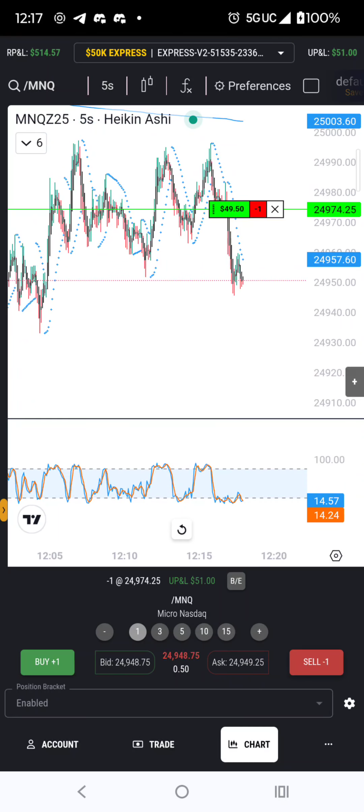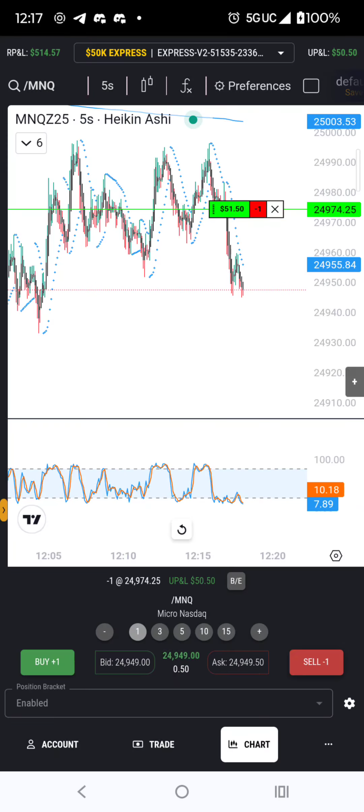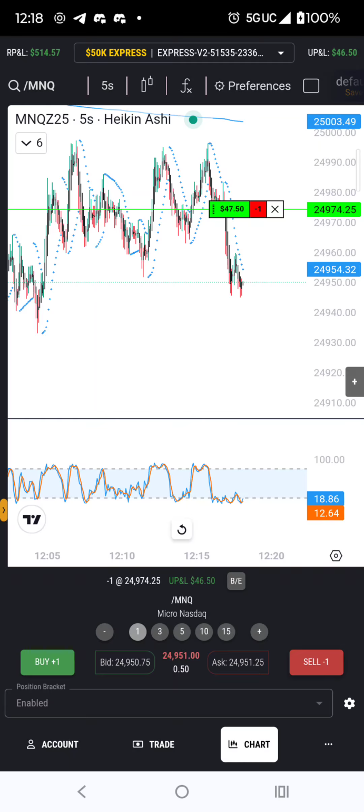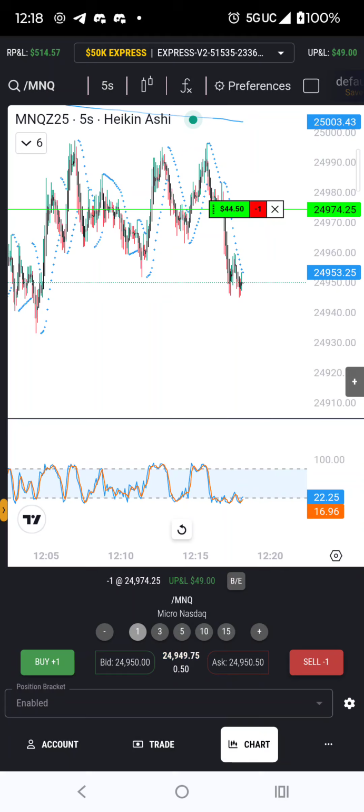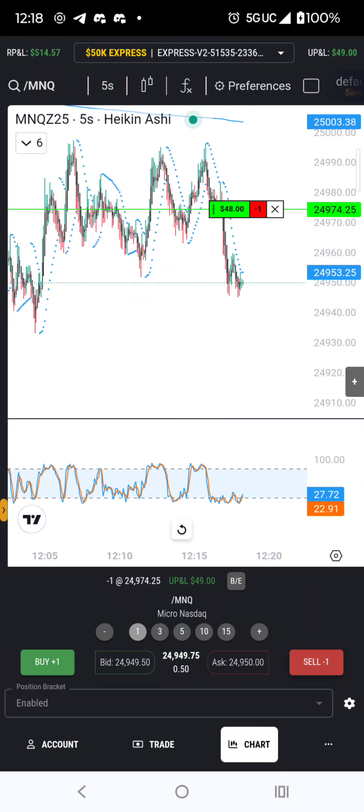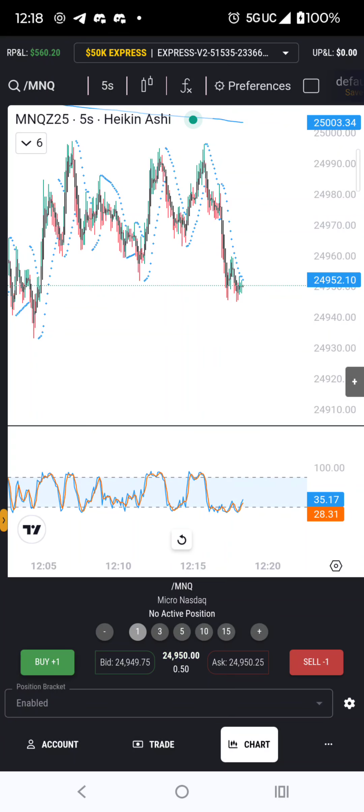Elite scalping. Look at that. Now if we were loaded up, that would be at least 800 sitting right now. It's struggling right here. So take it on out.